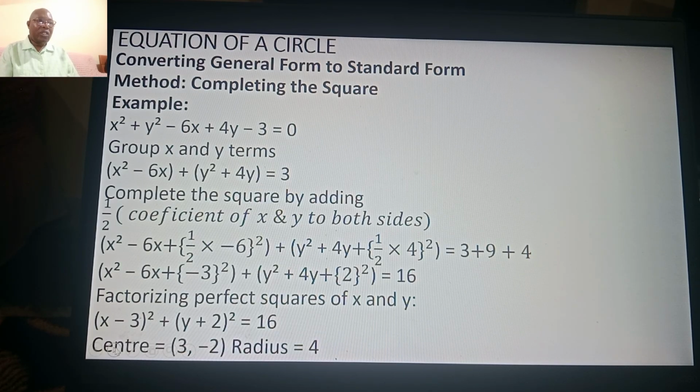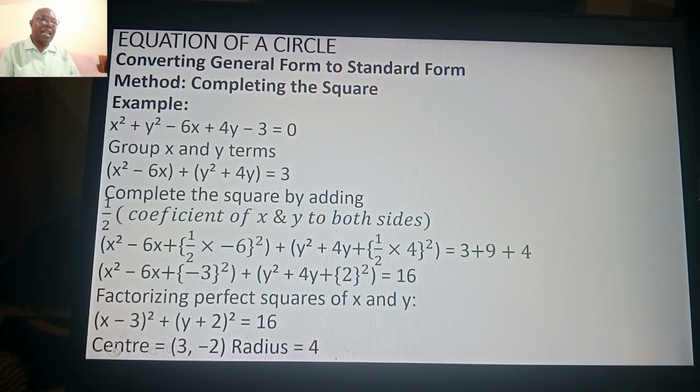Factorizing the perfect squares of x and y, x squared minus 6x plus negative 3 squared has factors x minus 3, so it will be x minus 3 squared. And for y squared plus 4y plus 2 squared, the factors are y plus 2 squared. Because they are perfect squares, the factors are the same. And this gives you 16.